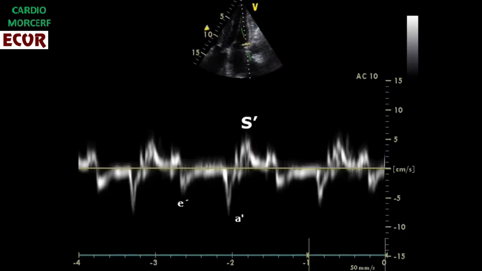Now, an abnormal tissue Doppler at the lateral wall. The E' wave is less than 8 cm per second and lower than the A'. This demonstrates that the region which was pulled apically during systole now returns slowly in the initial third of diastole due to poor left ventricular relaxation.